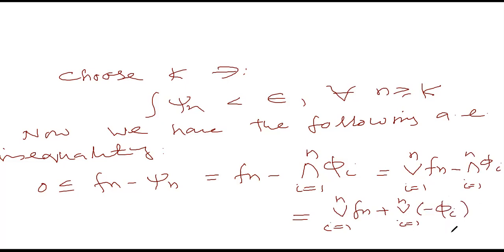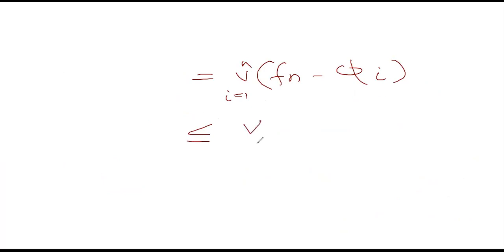That's simple. And this is now equal to the join over i running from 1 to n of fn minus φi, which is less than or equal to the join over i running from 1 to n of fi minus φi.